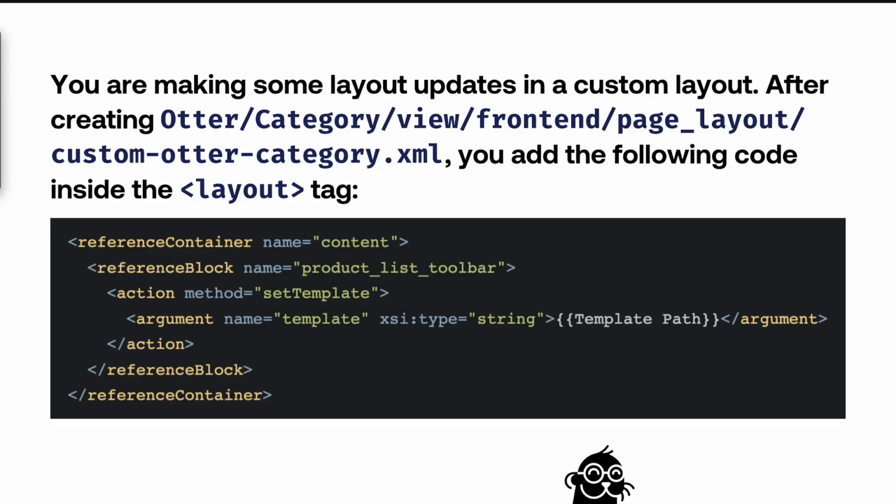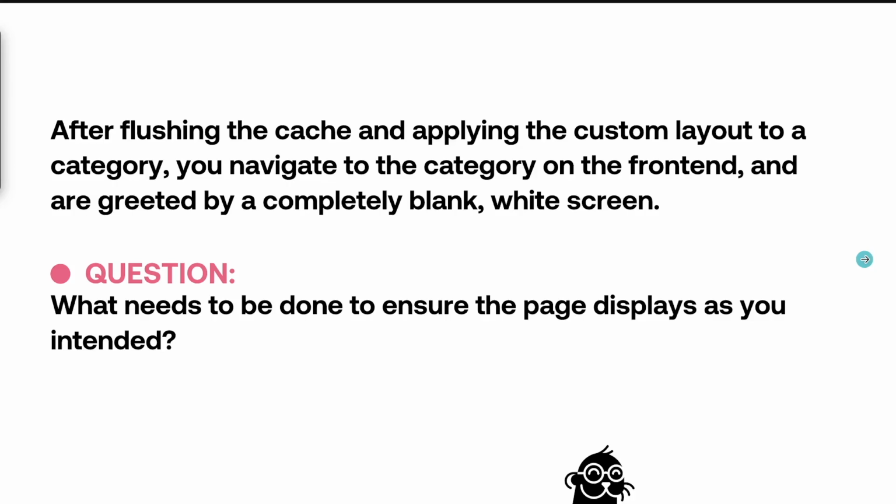And so we see the code exemplified. After flushing the cache and applying the custom layout to a category, you navigate to the category on the front end and are greeted by a completely blank white screen.